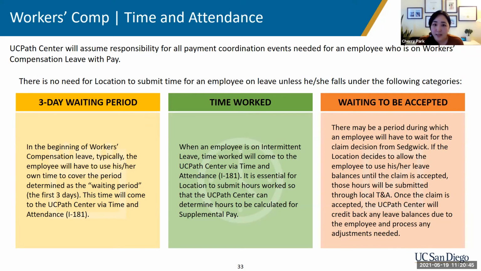If the location decides to allow the employee to use his or her leave balances until the claim is accepted, those hours will be submitted through local time and attendance. Once the claim is accepted, UCPath Center will credit back any leave balances due to the employee and process any adjustment needed.